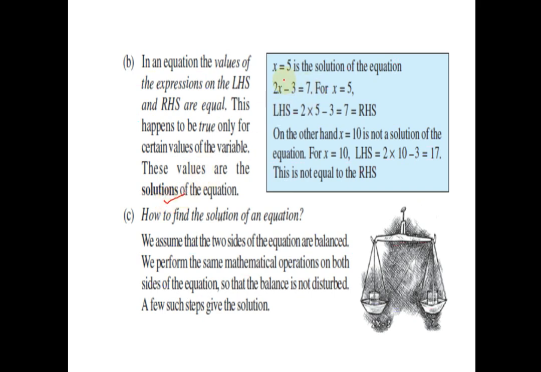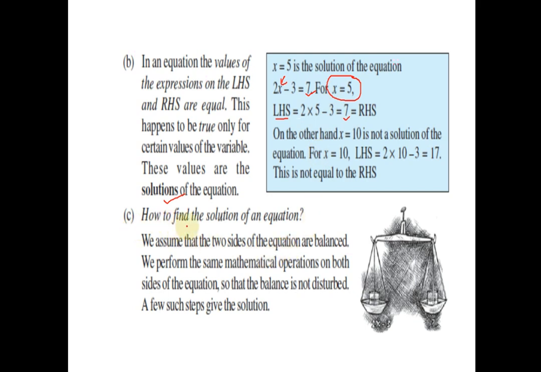If you put the value of x as 5 in the left hand side, what will you get? 2 into 5 minus 3. 5 twos are 10, 10 minus 3 gives you 7. The same value is in the right hand side. That means x equals 5 is a solution of the equation.